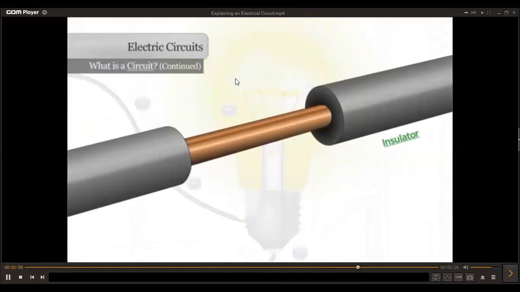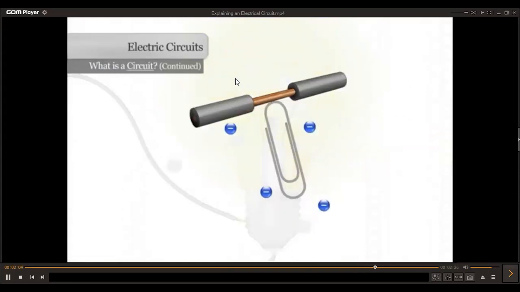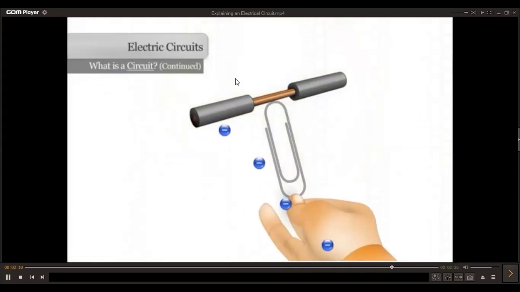If an insulator did not surround a wire carrying a current, it is possible for the electron flow to get directed to another conductor that comes into contact with the circuit. Electricity will follow the path of least resistance. If the electrons take a path short of the complete circuit, it is called a short circuit.